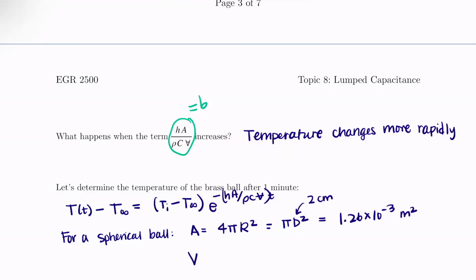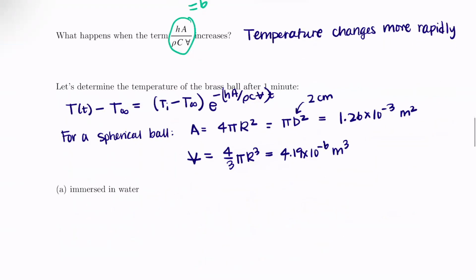And then we also need our volume. Our volume of a sphere is 4/3 pi r cubed, or if I plug in that 2 centimeters again, I get 4.19 times 10 to the minus 6 meters cubed. Outside of this, everything else has been given to us in the problem statement.